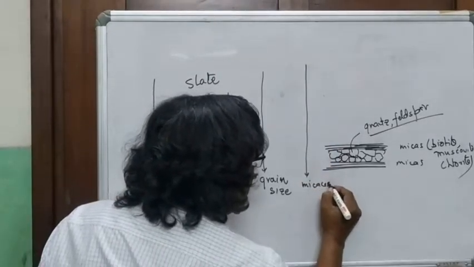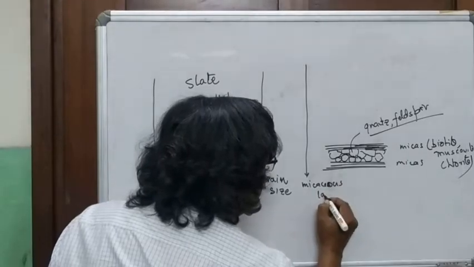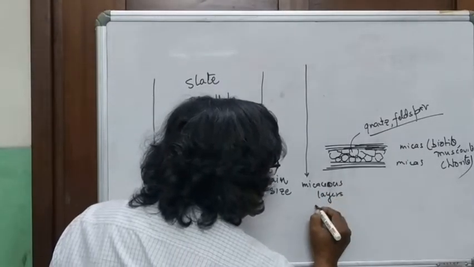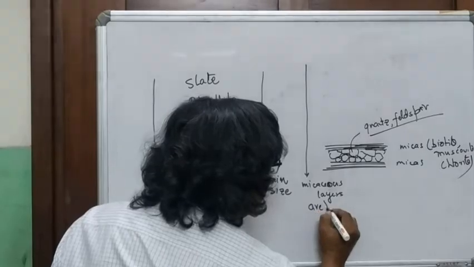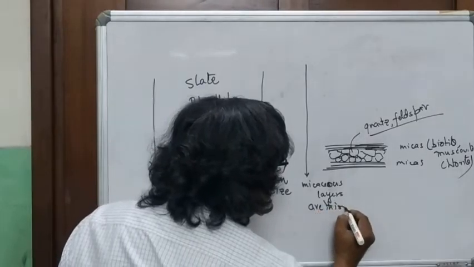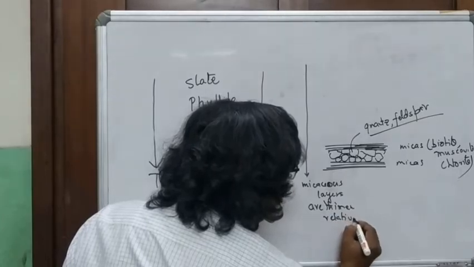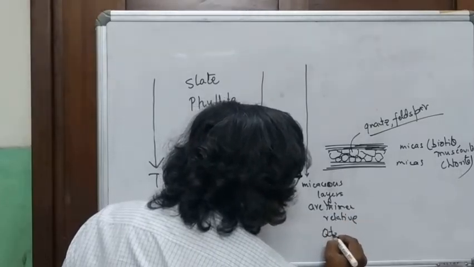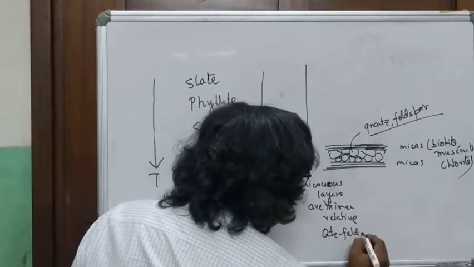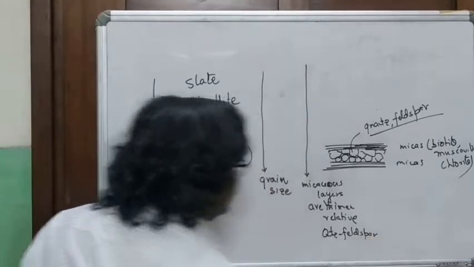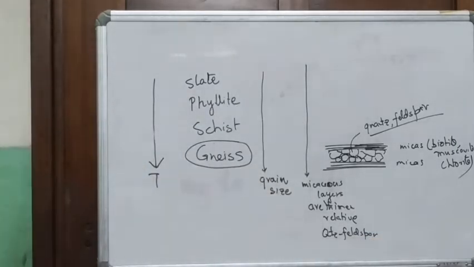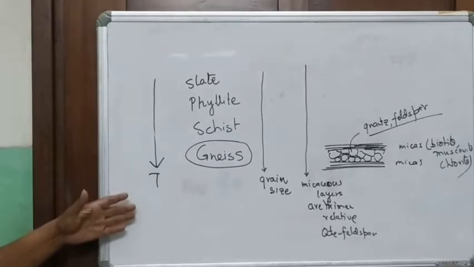And also, broadly, the micaceous layers are thinner relative to the quartz-feldspar rich layers. Along this direction, the temperature increases.